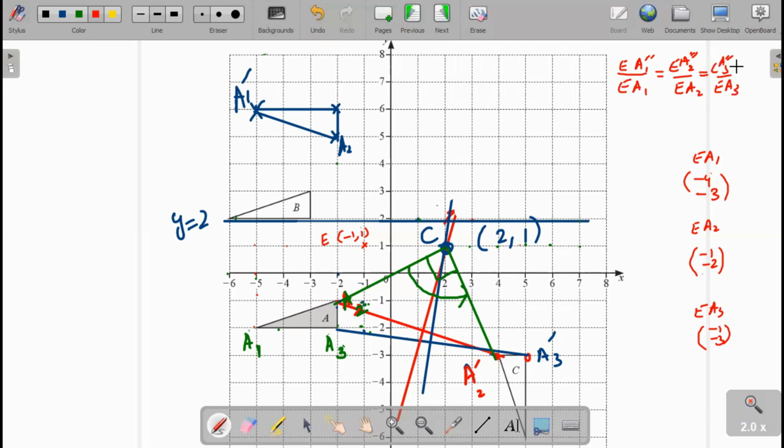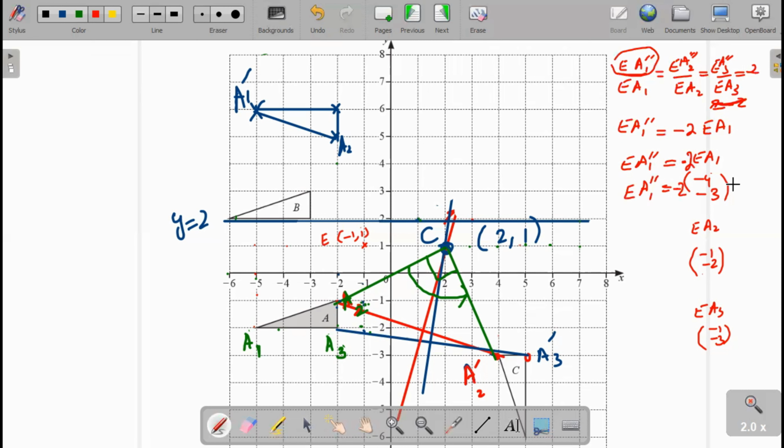The scale factor is -2, so we write it as -2. Therefore, EA1 double dash will be equal to -2 times EA1. You can find this value here, and therefore EA1 double dash can be written as -2 times EA1, and we multiply -2 by this position vector to find the position vector of EA1 double dash.